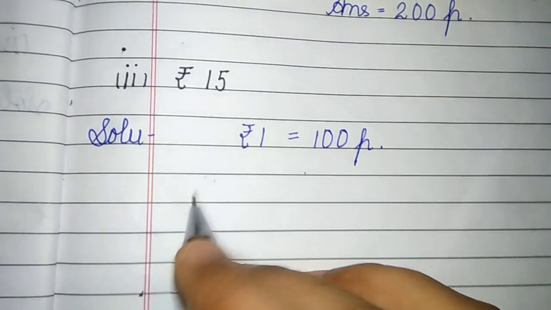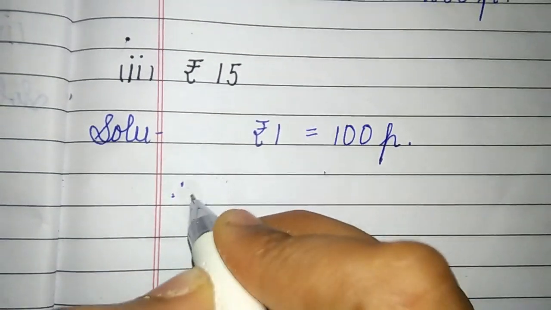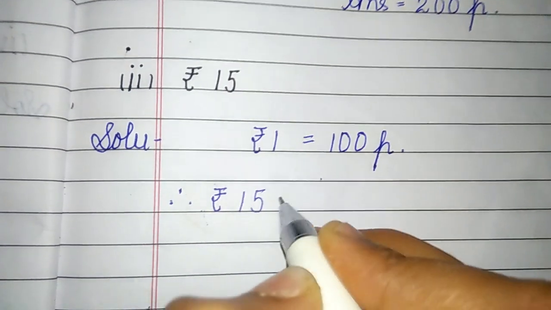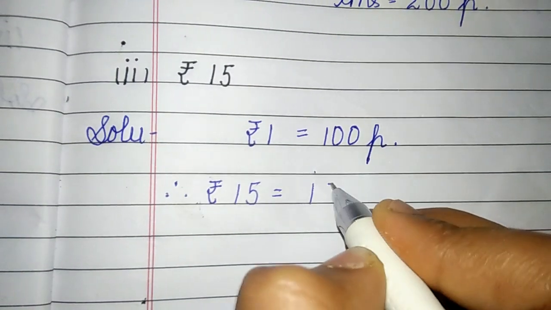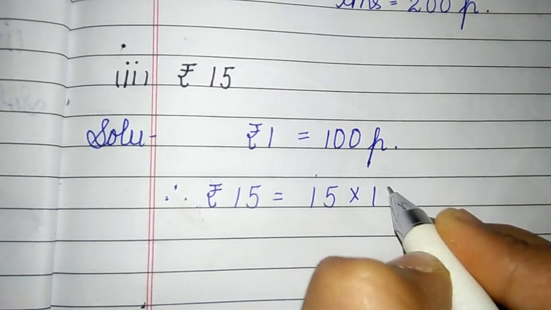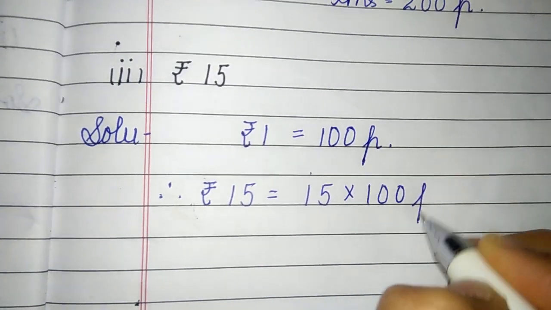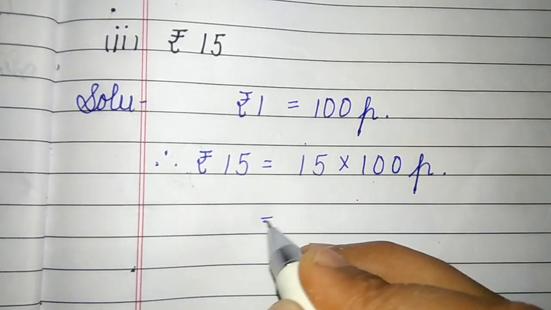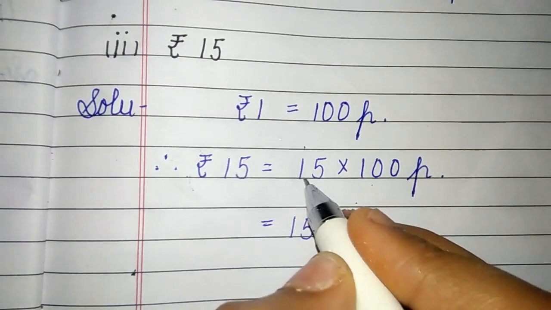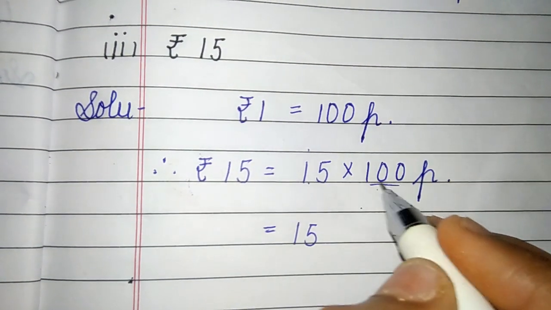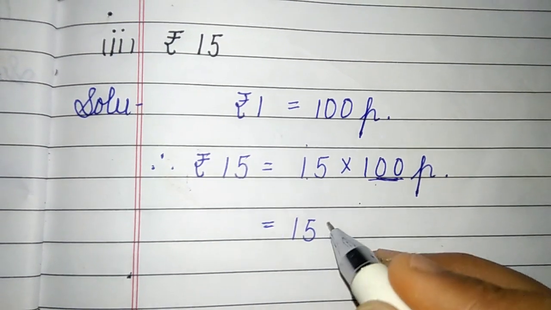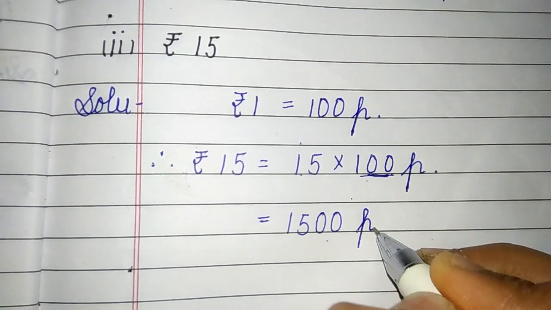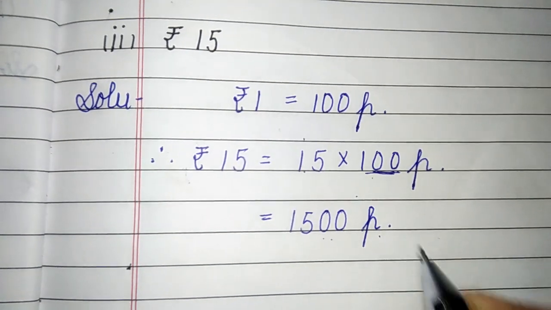Then, therefore, 15 rupees is equal to 15 multiplied by 100 paise. 15 ones are 15. Children, how many zeros here? 2. I will put 2 zeros here. Now 15 hundreds paise. Clear?